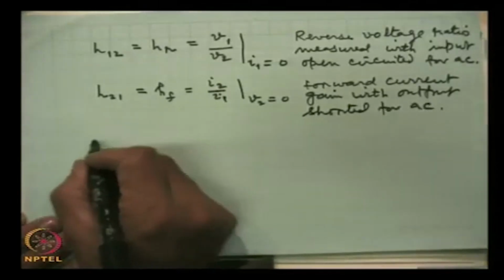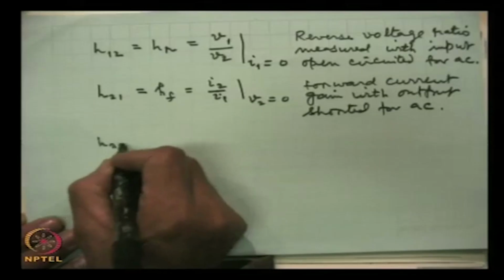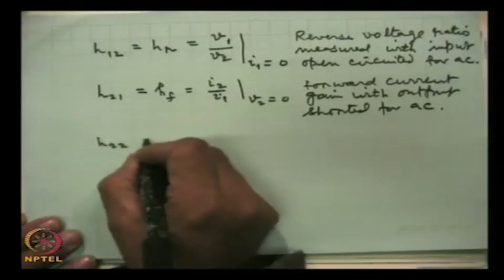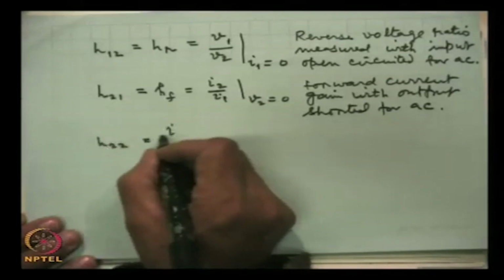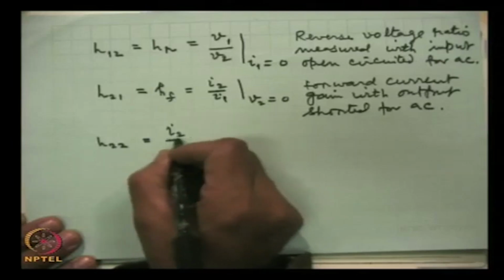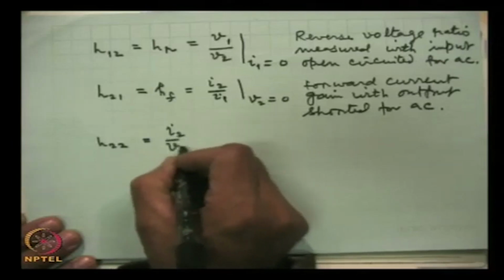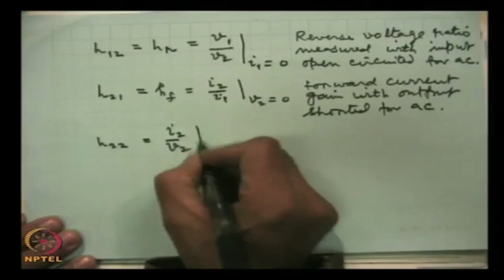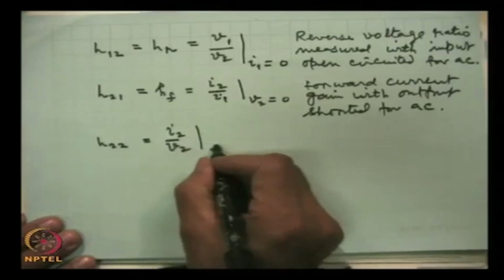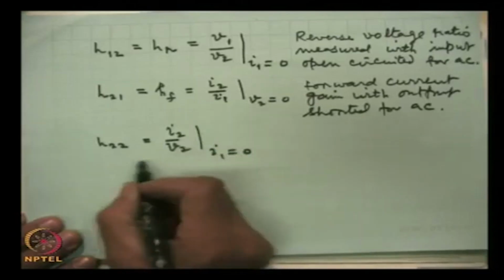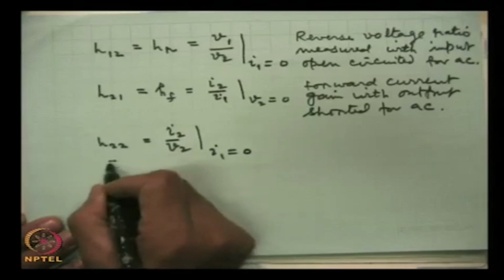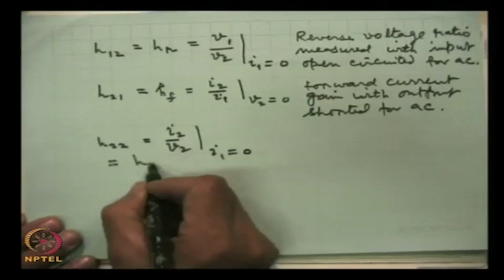And finally H22 is equal to I2 by V2 under the condition I1 equal to 0, and we have said that this is equal to HO.